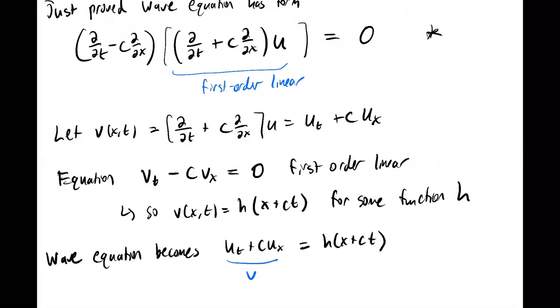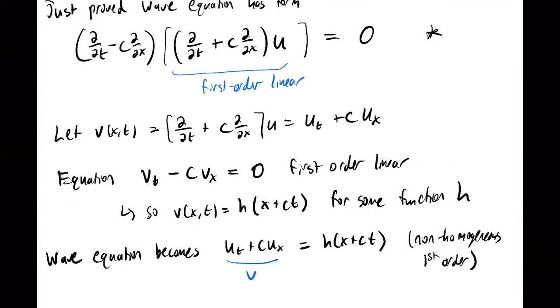And so now this is once again a first order linear equation, but it's now a non-homogeneous version of the equation. We don't actually know how to solve this particular equation, but we would know how to solve it if h happened to be equal to 0.